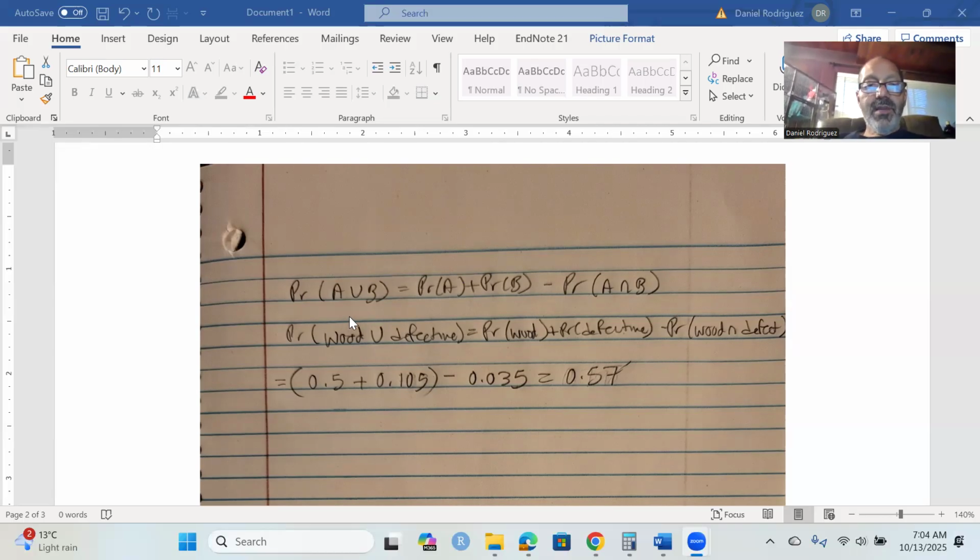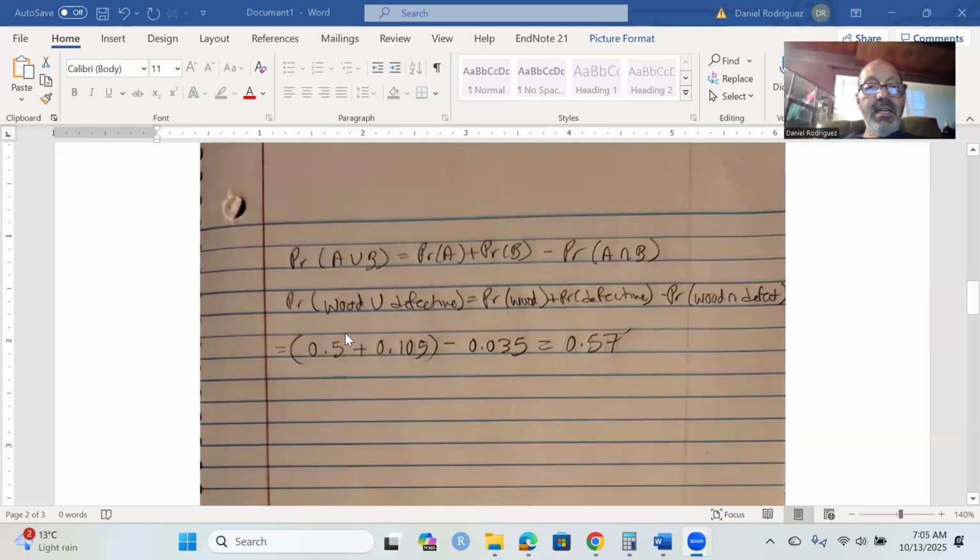So using the addition rule, and I'm doing this again with symbols, the probability of A or B is equal to the probability of A plus the probability of B minus the probability of A intersection B. This part is important if we are dealing with non-mutually exclusive events. If they're mutually exclusive, it means they cannot co-occur, and this would be 0.